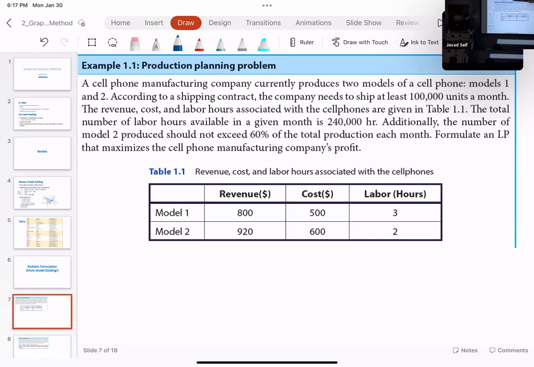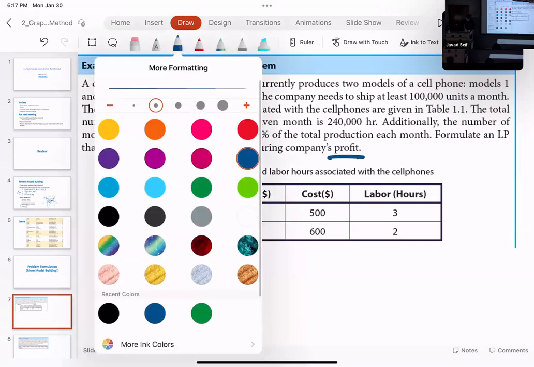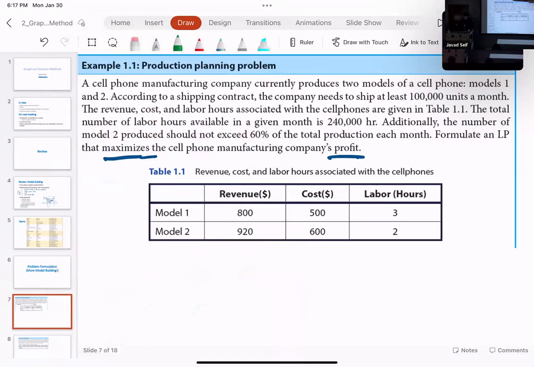And I think we are trying to maximize the profit. That one is easy. Always straightforward, right? You know that we're going to write maximize z equals something, a function of the decision variable. But then I need the decision variable to be able to write that. So what do you think should be the decision variable?